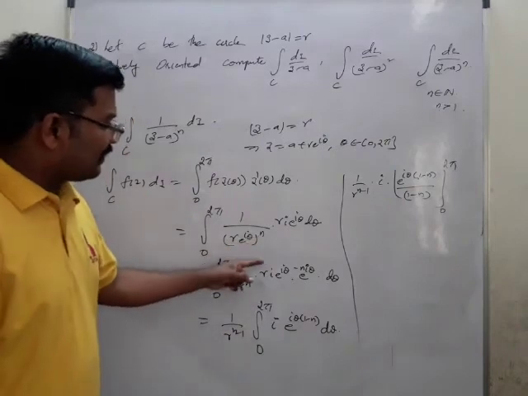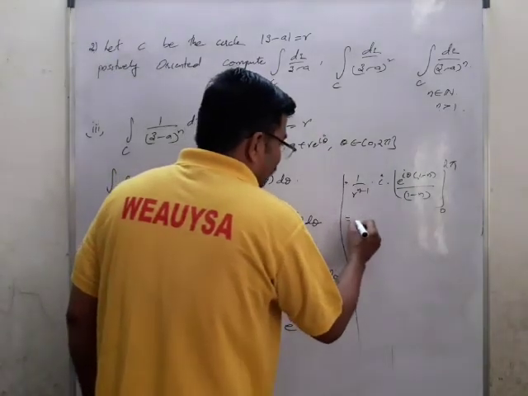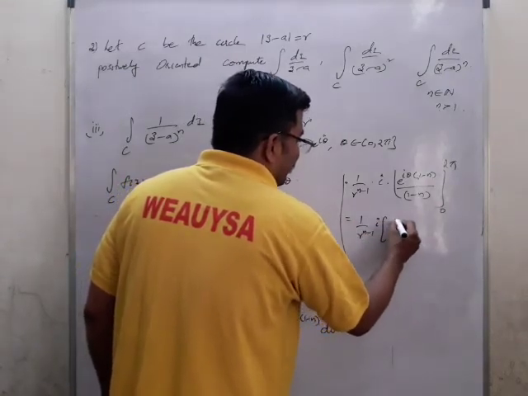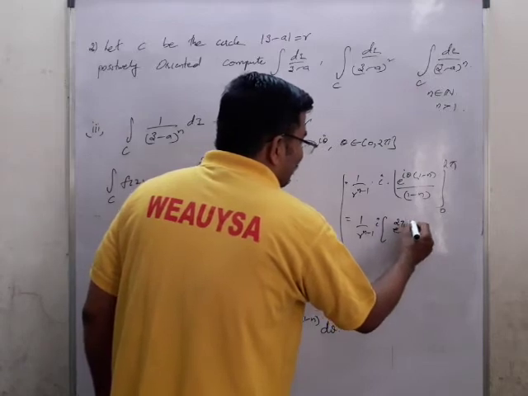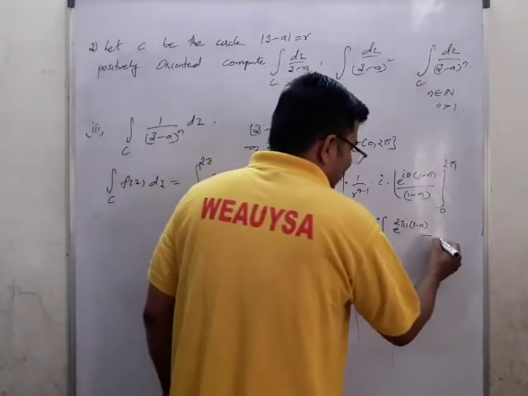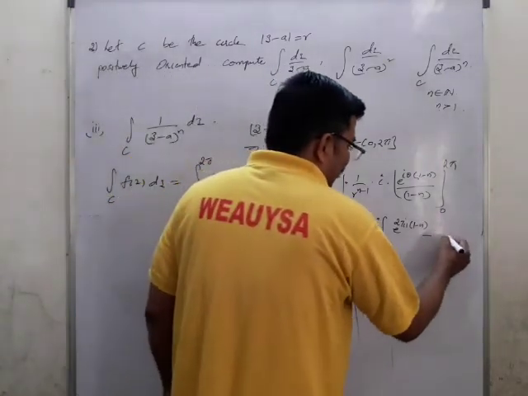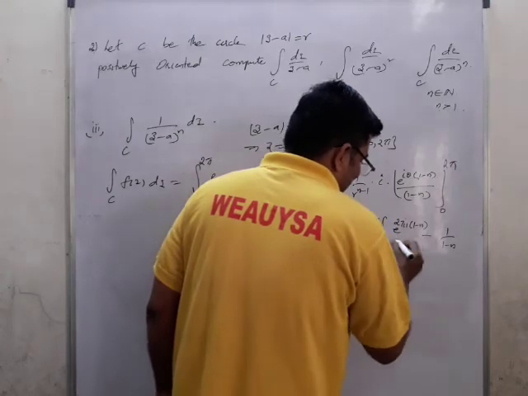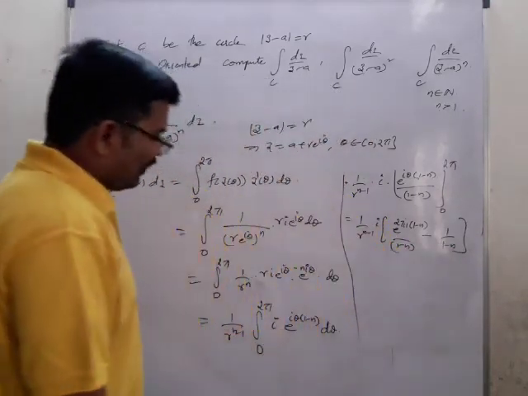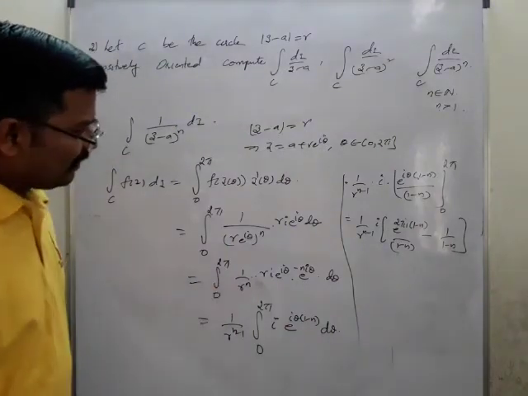So that is nothing but equal to 1 by r power n minus 1 into i into e power 2 pi i (1 minus n), minus 1 by 1 minus n, with i common.